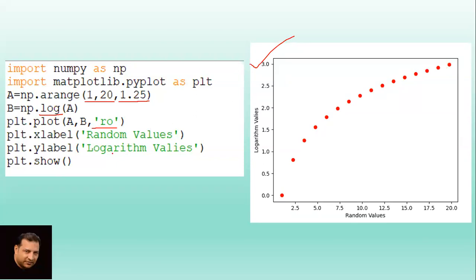And according to the question, x label is random values, so you can see random values here, and y label is logarithm values. Okay, some spelling mistake is there, right? So it looks like a scatter chart. So this is a tricky method of using plot to create scatter chart.